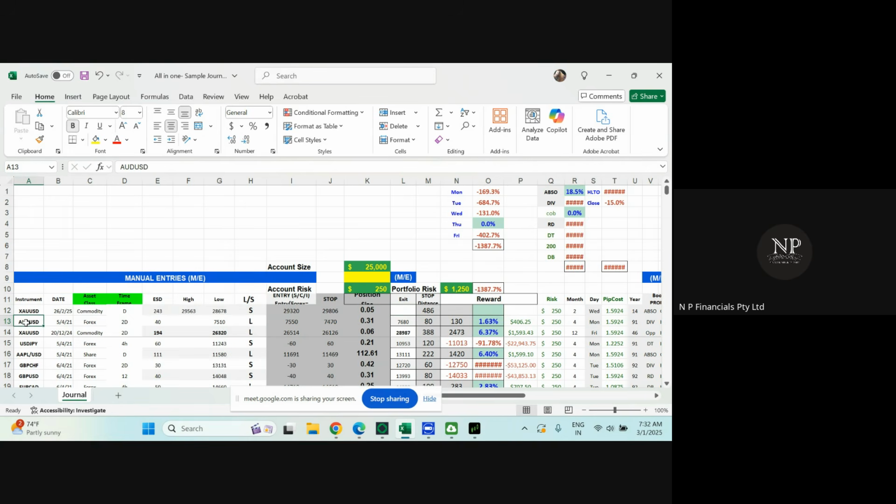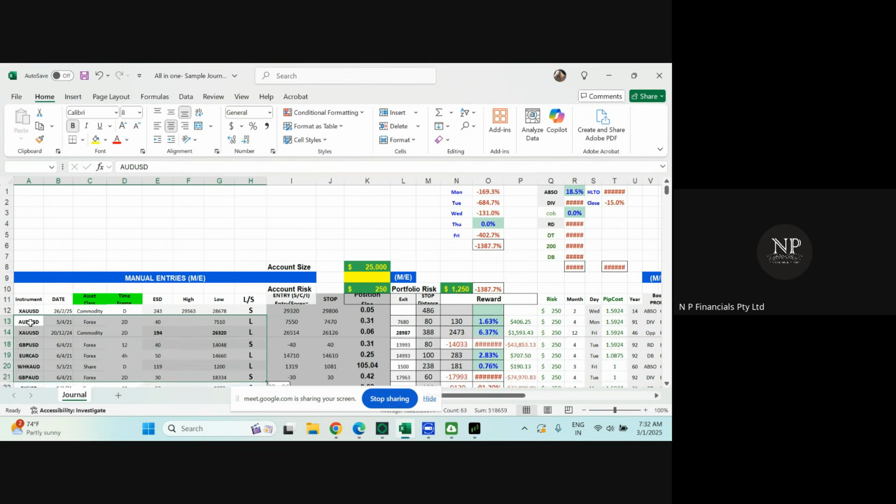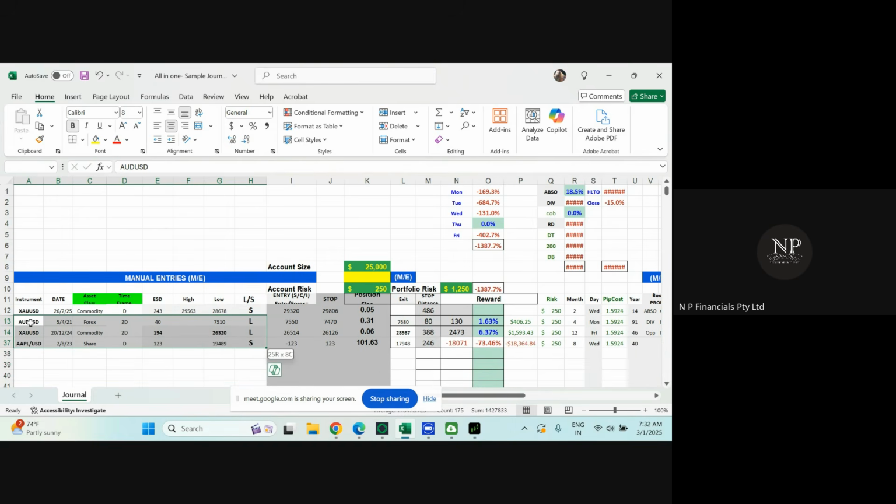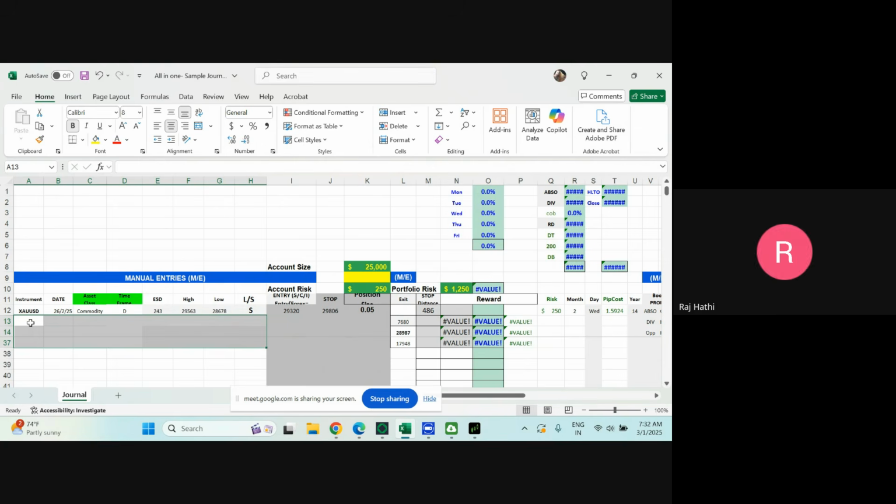From there, select up to H13 with Shift and the right arrow, then Shift and the down arrow, all the way down. Press delete. Delete all this, because they're old data. Very good.